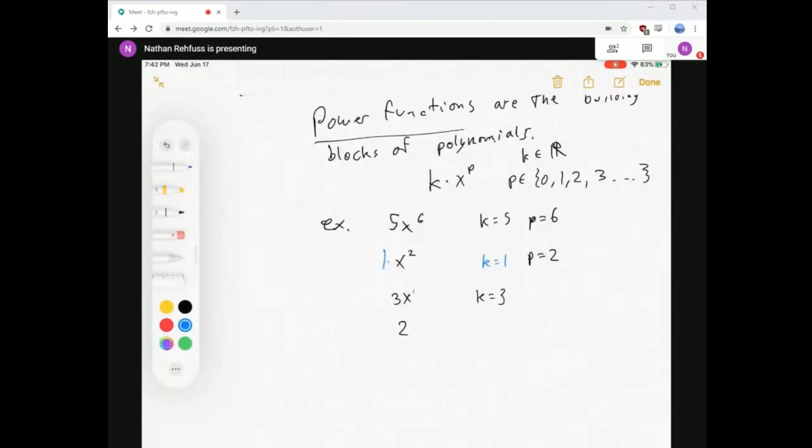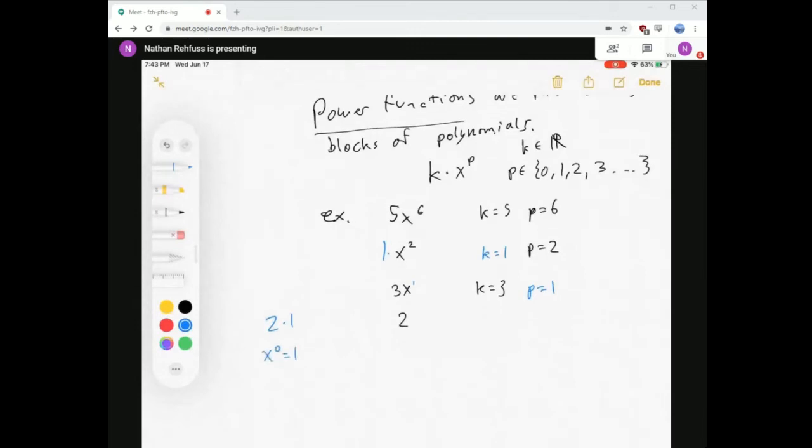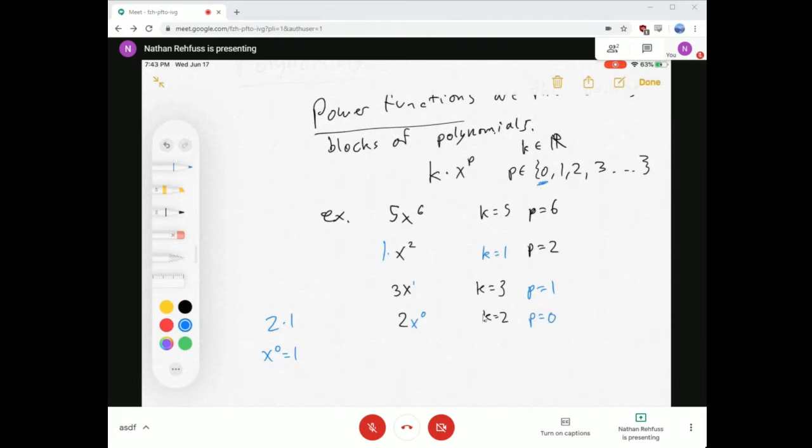So p equals 1. Down here, there's no x whatsoever. But I can be clever and say this is like 2 times 1, and we know that anything to the 0 power is 1. Putting those two facts together, this is 2x to the 0. That's how constants technically fit the definition of power functions. So here k is 2 and p equals 0, because I said right here that 0 was allowed.